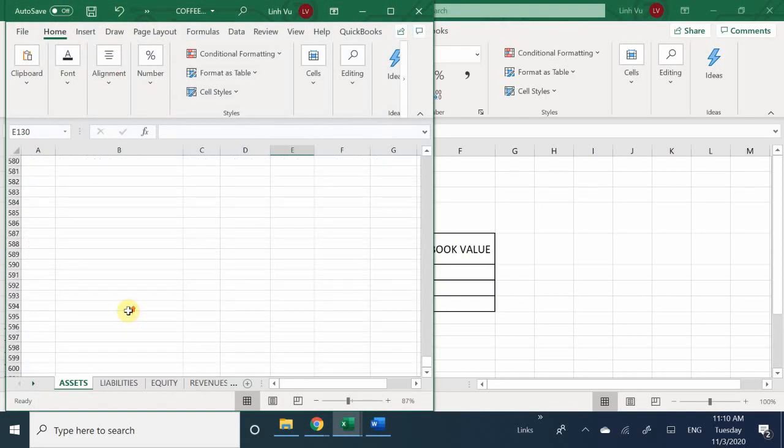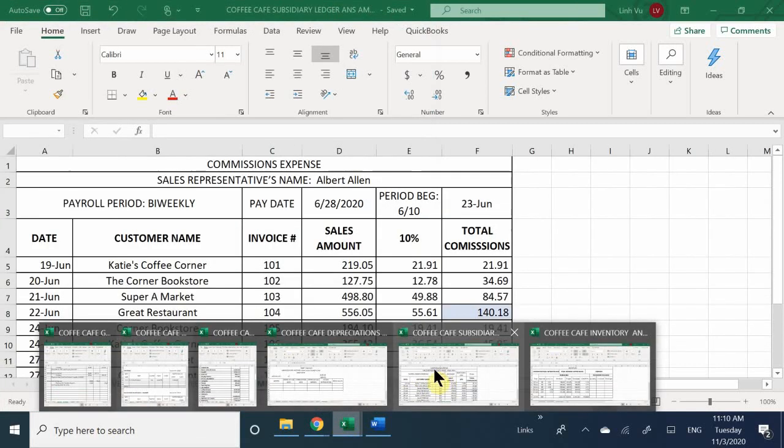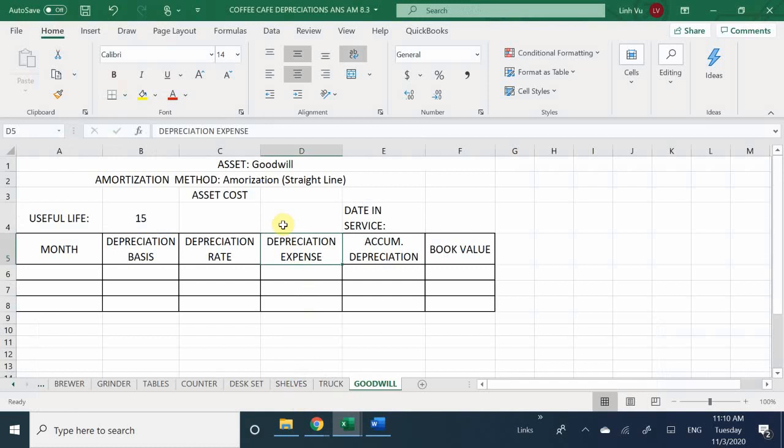So my assets, here's my goodwill. Right, goodwill happens immediately. Okay, so here we go, 2100, and I placed it into service on June 4th.